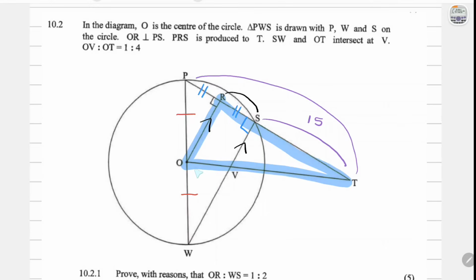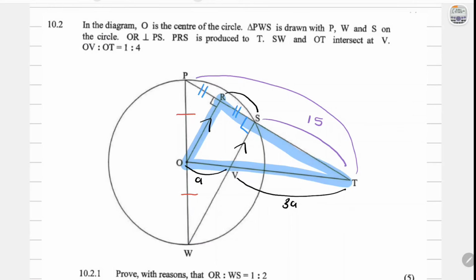Instead of saying it like that, we can say OV is to VT. But you would know that we already knew OV was A, and so this makes VT 3A since OT is 4A. So this plus this must give you 4A, right? So that means that this is 3A. Okay, so you see how that helps us with this.